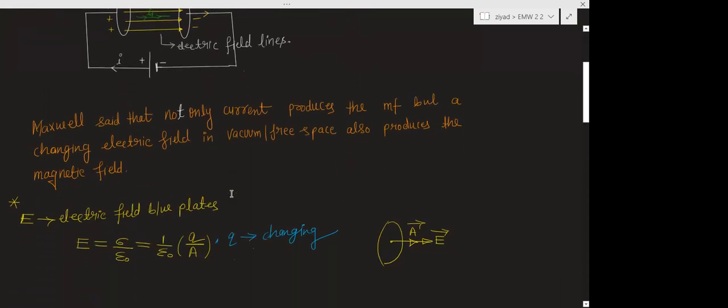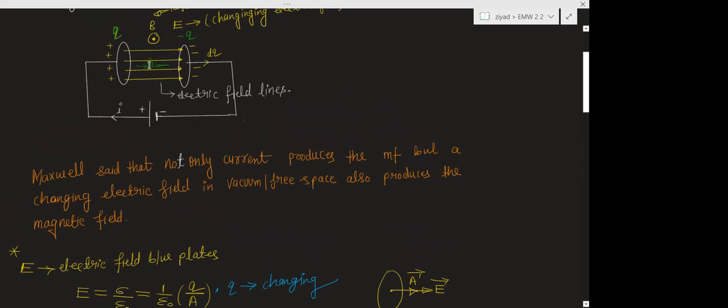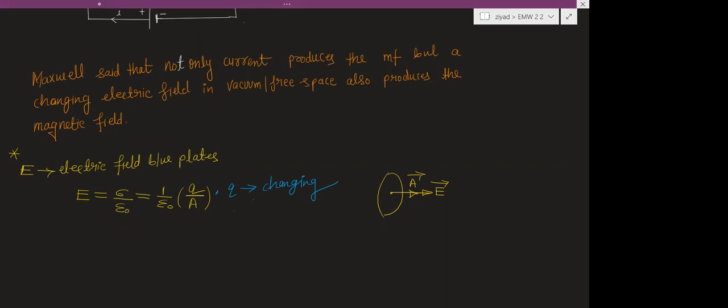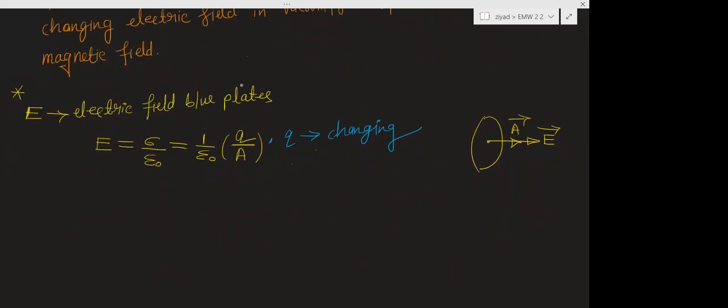So one thing, there is an electric field between the plates of the capacitor. The value of the electric field between the plates of the capacitor is given by sigma by epsilon naught. Earlier we discussed this in the case of the parallel plate capacitor. Sigma is the surface charge density.